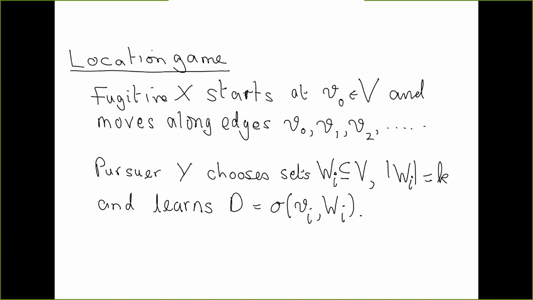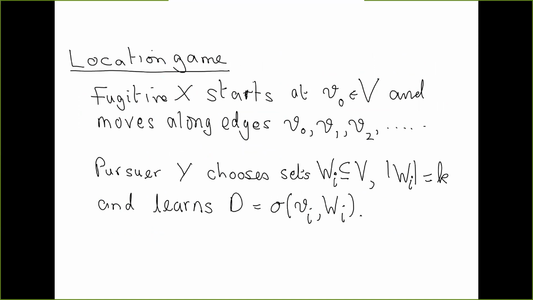And there's a pursuer, y, who's trying to figure out where x is. And how does y do this? In the dimension game, you'd only be allowed to choose one set. But here, y can choose a whole sequence of sets, and they'll all be the same size.